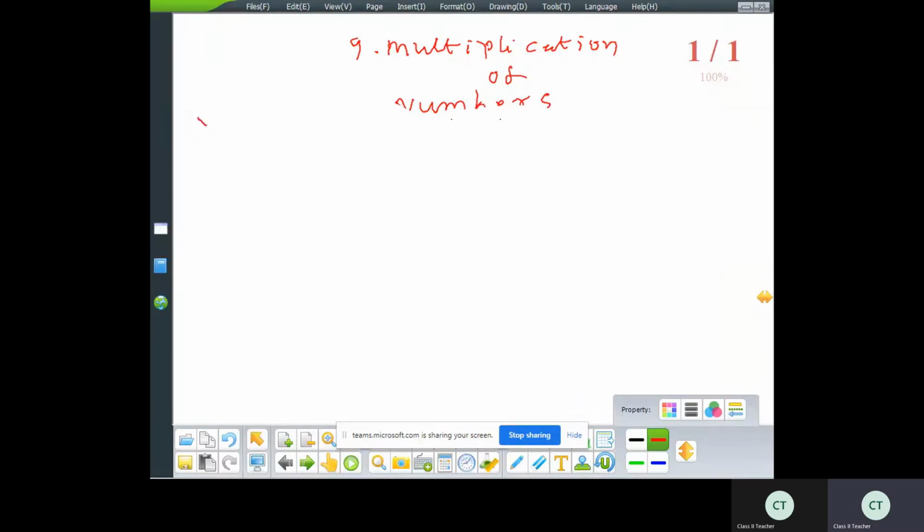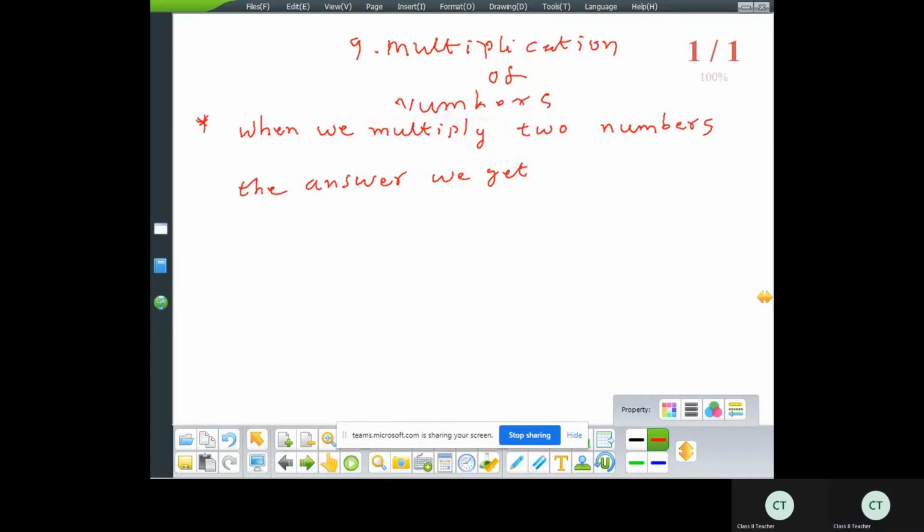Now fourth definition is, when we multiply two numbers, the answer we get is called product.